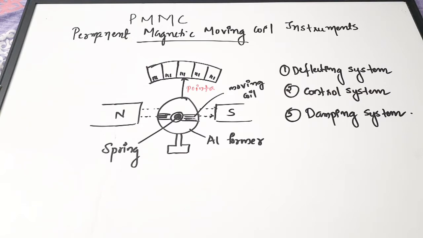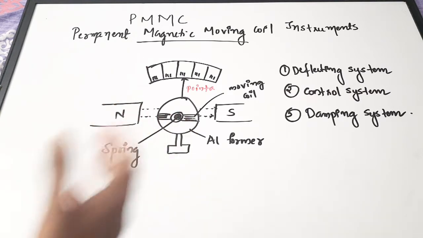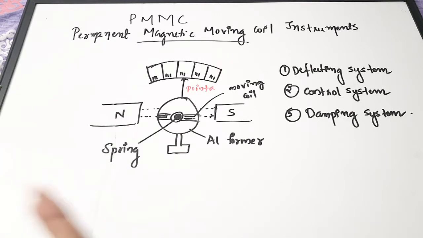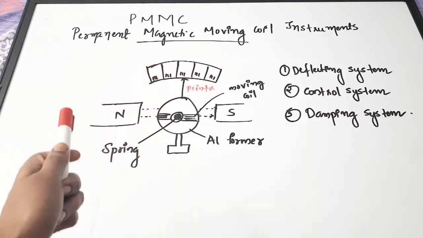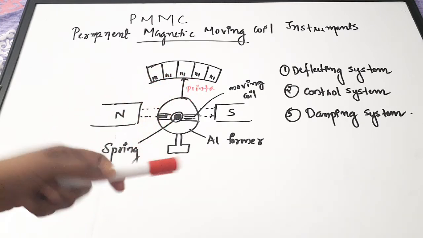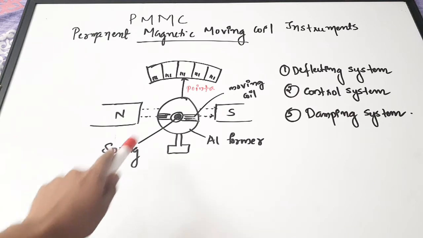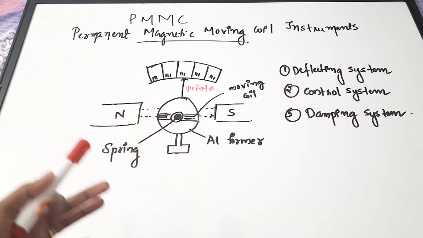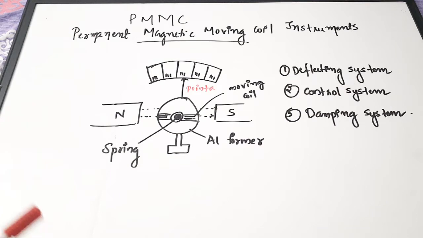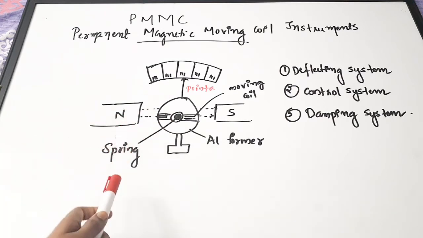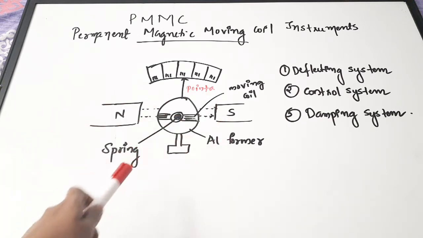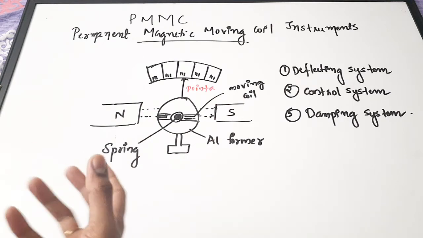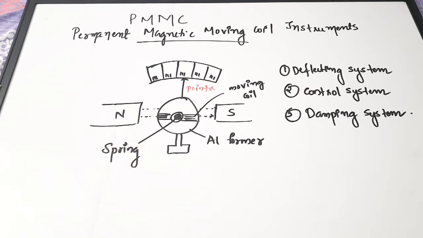The current or the voltage to be measured is passed through the coil, and the coil will experience a force and provide the necessary deflection. That is how the pointer will move. Due to this deflecting force, the pointer of the PMMC moves. If it is a voltmeter, it will be voltage; if it is an ammeter, it will be current. Whichever value we want to measure is passed through the coil, and the coil experiences a force and provides the necessary deflection.